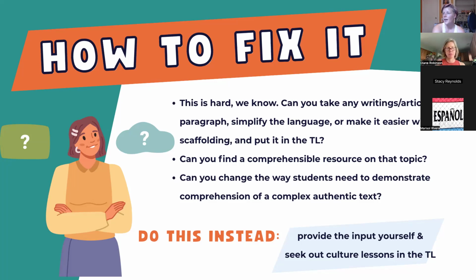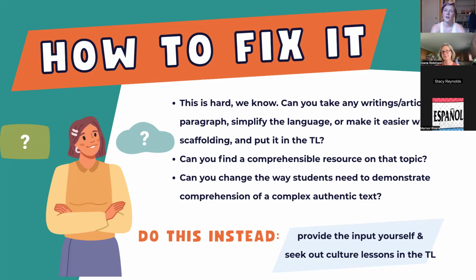I would also say, can you change the way that your students need to show that they understand you for this? Can you change how they're interacting with that text? Instead of giving them a really complex question, try a true or false type deal. And the last thing I would say is, can you provide some of the input yourself?